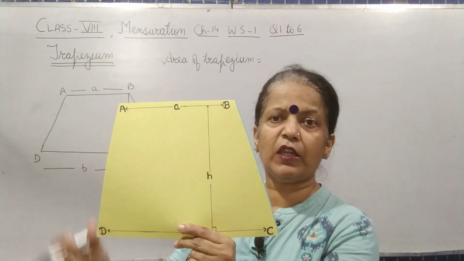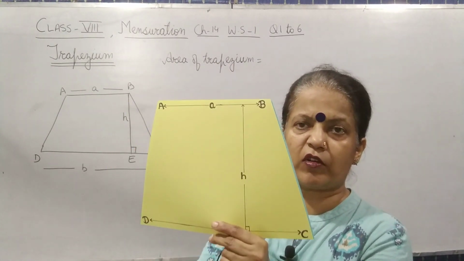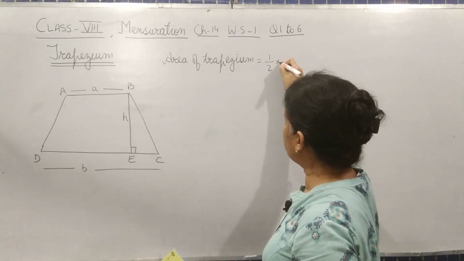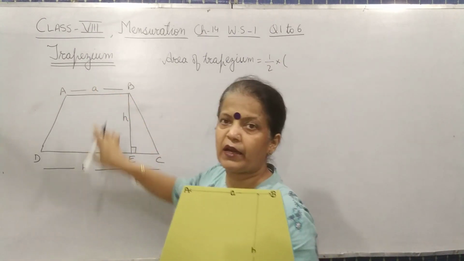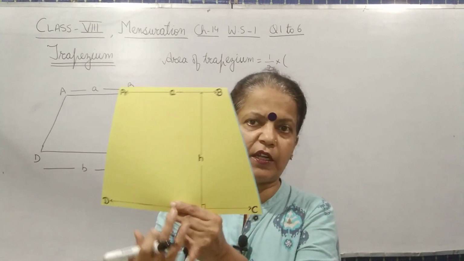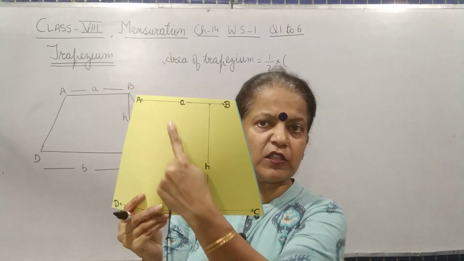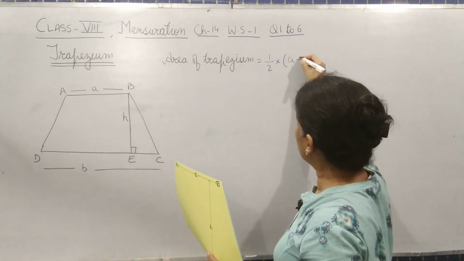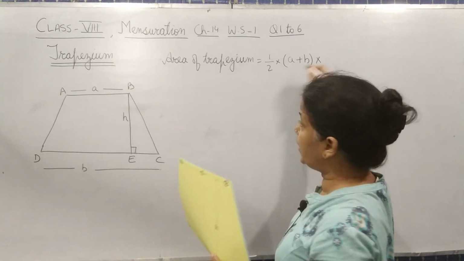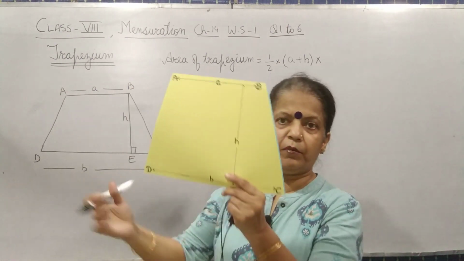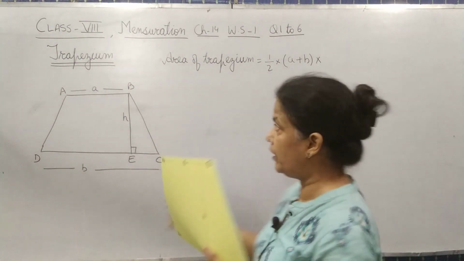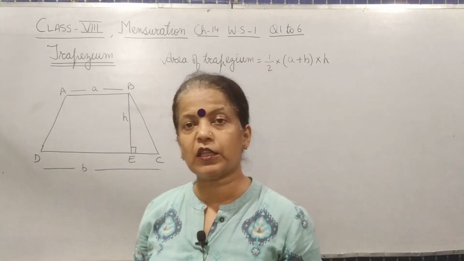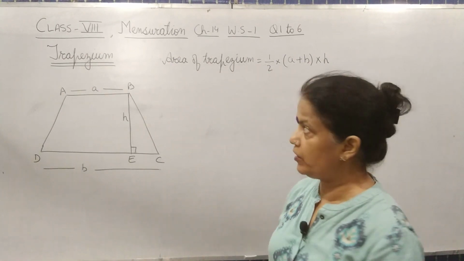The area of this trapezium is half multiplied by the sum of the parallel sides, meaning the sum of these two sides, multiplied by the height, meaning this height, h. So this is the area of a trapezium.